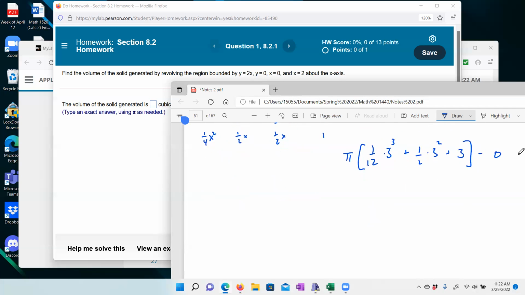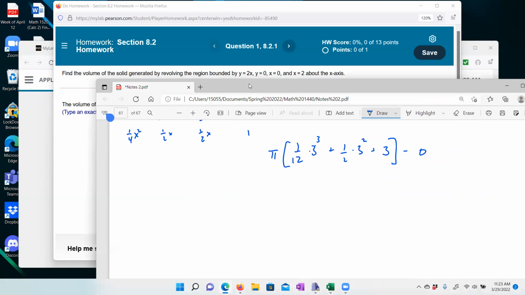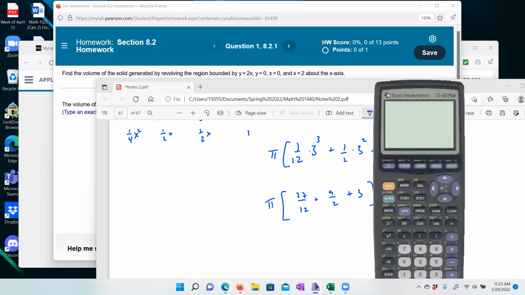We just have to do this arithmetic, and then we should be set. So this is going to be pi times 27/12 plus 9/2 plus 3. That's all we're going to do with that. Go ahead and plug this in.